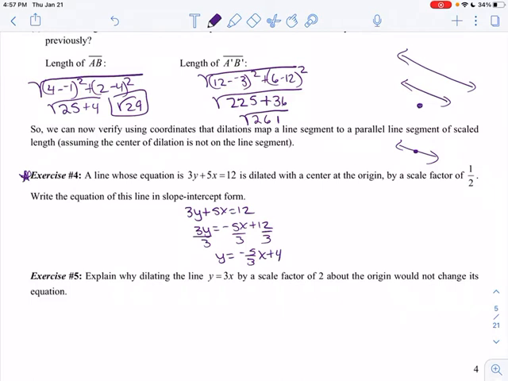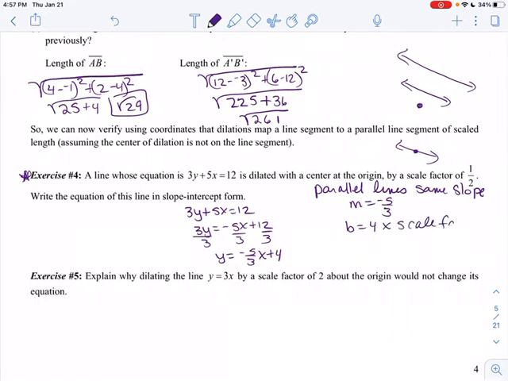So if I was to take that line and dilate it, I'm going to get another line which is parallel. Remember, parallel lines have the same slope. So my new line will also have a slope of negative 5/3. Now I'm going to have to take my y-intercept, which is 4, and multiply it by the scale factor.